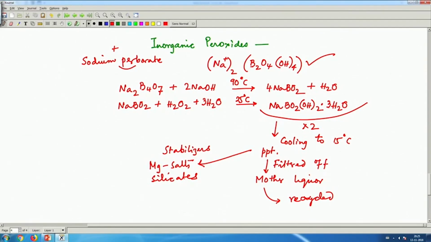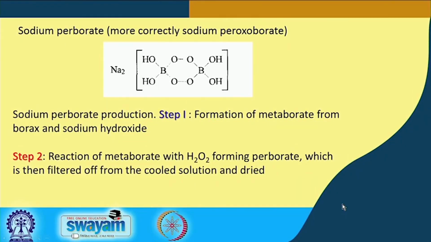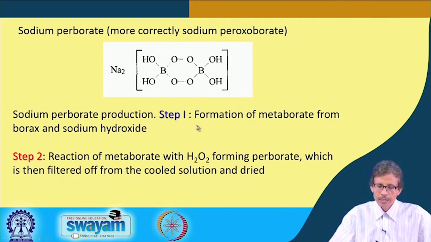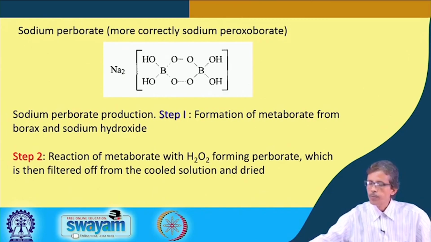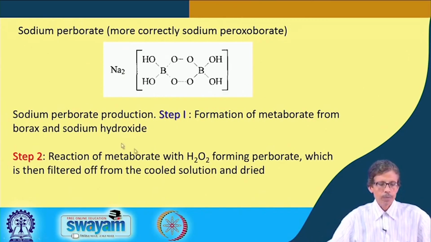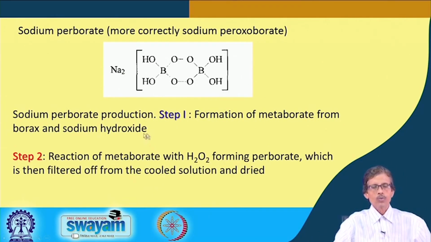because sodium perborate has a useful structure where we have this particular peroxy linkage between these two boron centers, and the actual structure is like this, a very interesting structure of this compound. As we have seen from the reactions, step 1 comprises the formation of the metaborate from borax and sodium hydroxide.